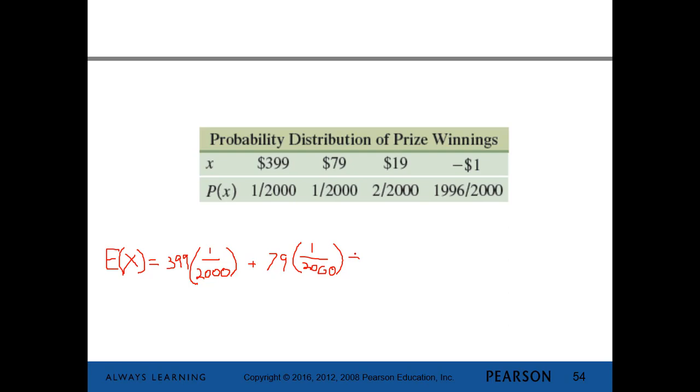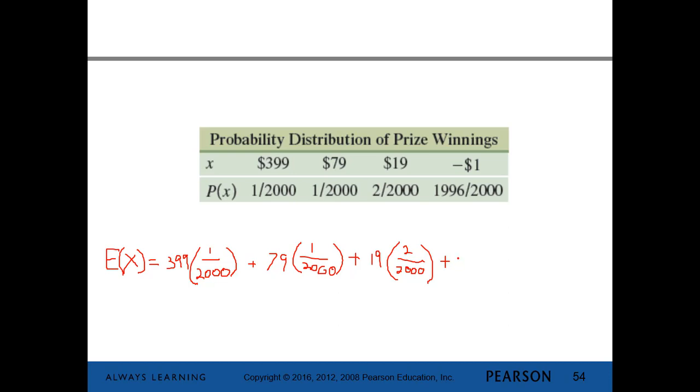And then the next one, which is 19, with a probability of 2 out of 2,000.